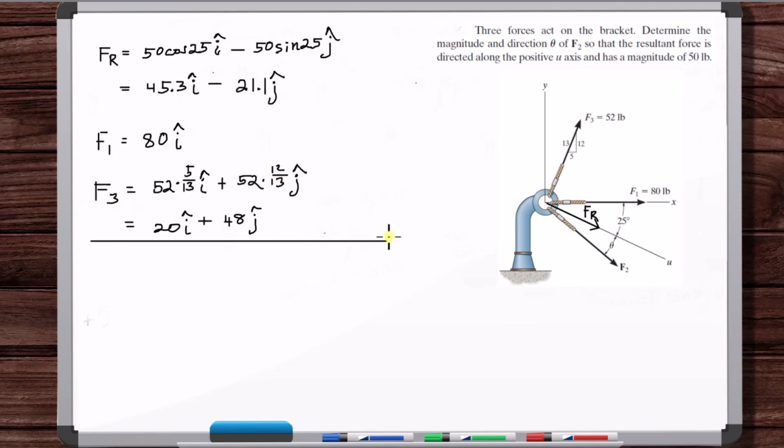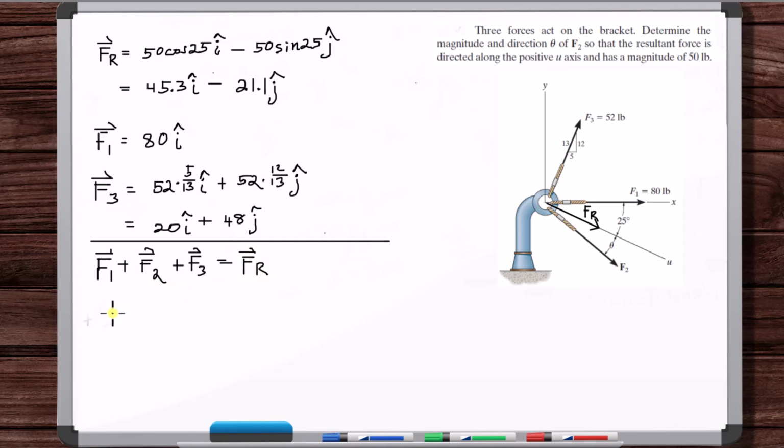So we can say that the vector sum of F1 plus F2 plus F3 is equal to FR. So, first of all, these are vectors. F1 plus F2 plus F3 is equal to FR.